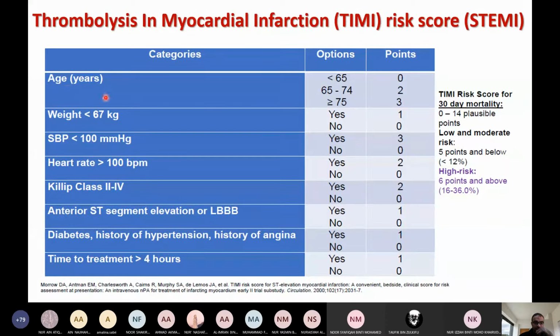Okay, you can see age, weight, systolic blood pressure, heart rate, Killip class 2 to 4. This is the clinical classification of the heart condition, starting from the mild heart disease, proceeding to the severe heart presentation. The ST segment elevation, the diabetes, and time to treatment, when the patient presented after the attack.